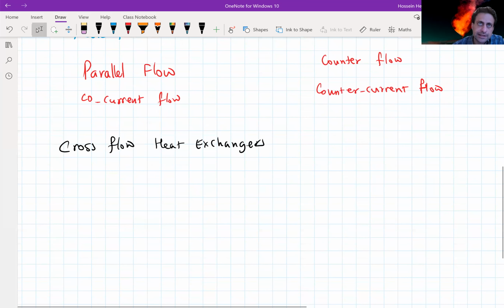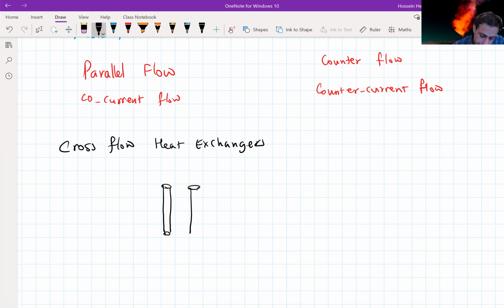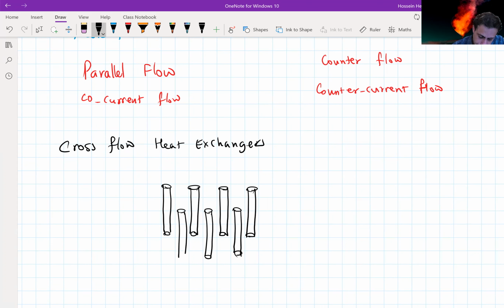So a schematic of that one is, let's say, we have flow, generally liquids, going through the pipes. They have been arranged.